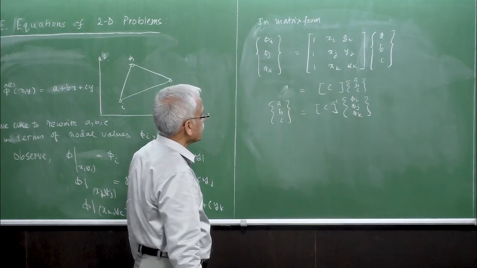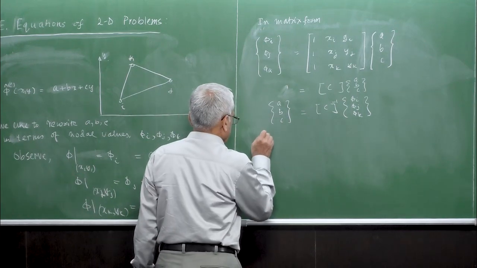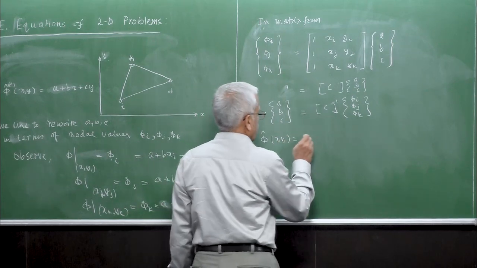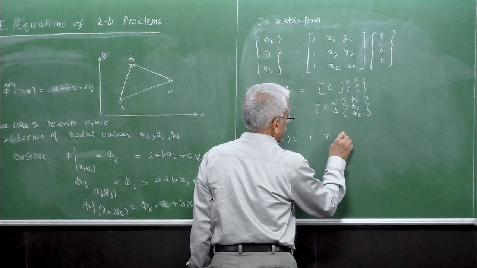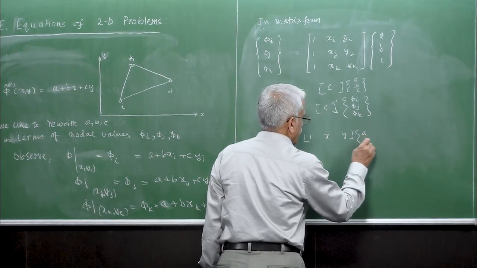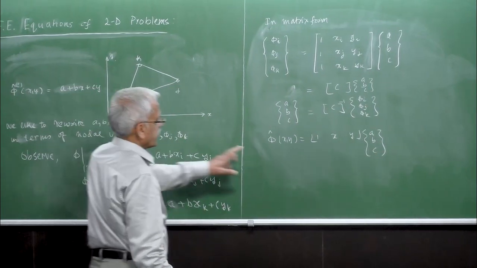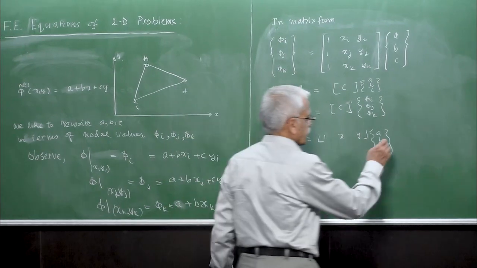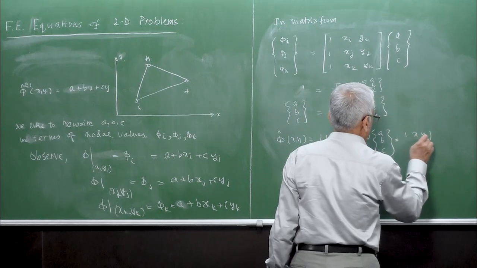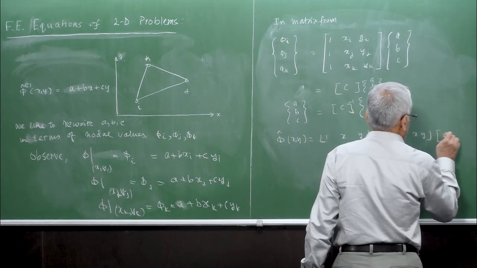Just to wrap it up. So this phi E, now we can write it using the matrix. The first one here, a plus bx plus cy, can also be written in this fashion. This is the row matrix here, a, b, c is nothing but C inverse times phi I, phi j, phi k.